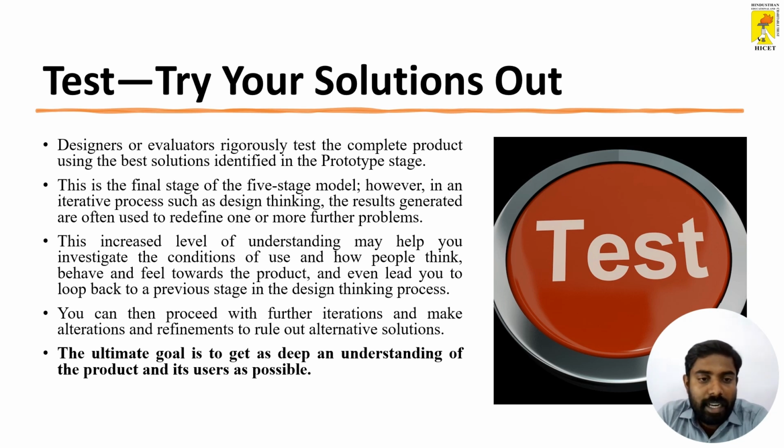This increased level of understanding may help you investigate the conditions of use and how people think, behave, and feel towards the product, and even lead you to look back to a previous stage in the design thinking process, and you can then proceed with further iterations and make alterations and refinements to rule out alternative solutions. The ultimate goal is to get as deep an understanding of the product and its uses as possible.